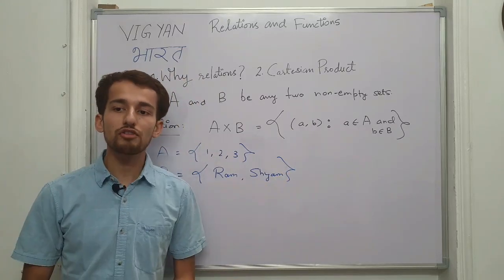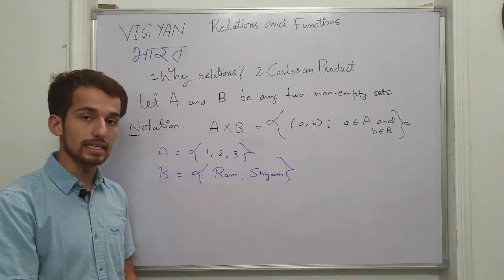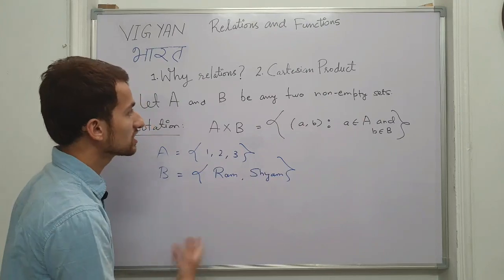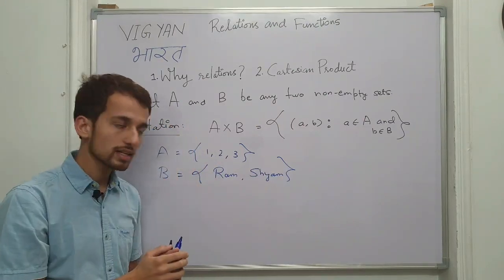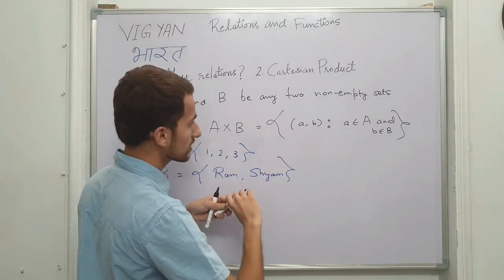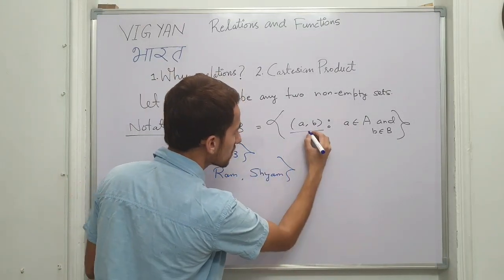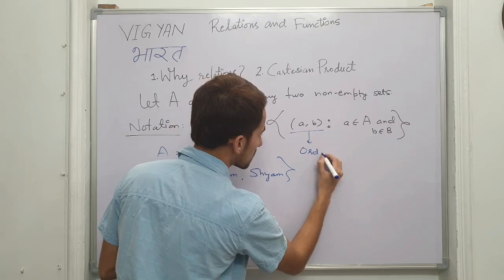The choice of A and B is non-empty because they contain some elements, which is the requirement of the definition. Now, how is the Cartesian product defined in terms of these ordered pairs?